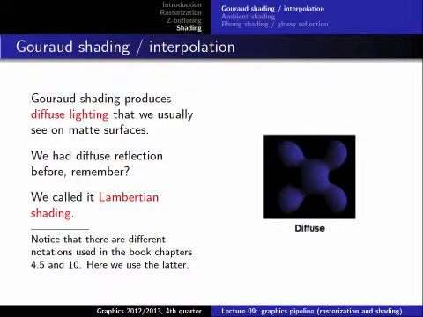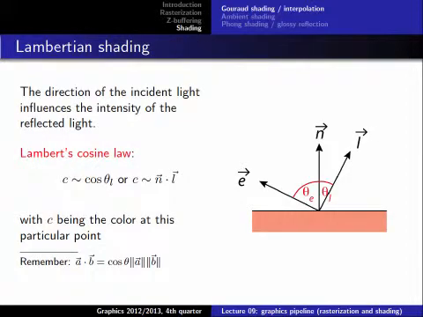Good. So we said that we already had this diffuse lighting with the Lambertian shading, and I hope you remember that this Lambertian shading is where we say that the intensity of light depends on the direction of the light.